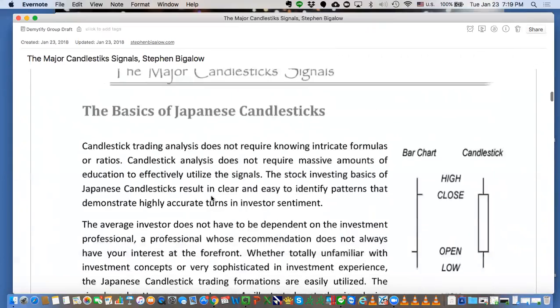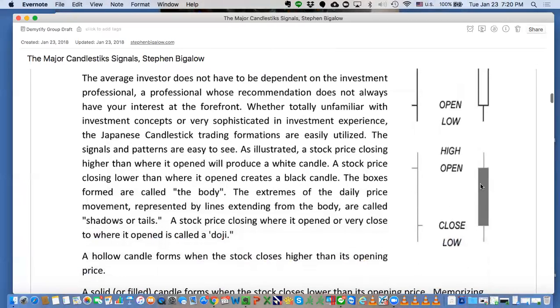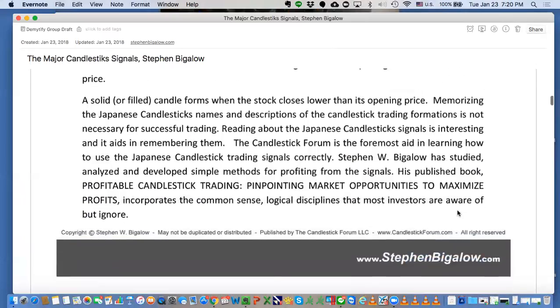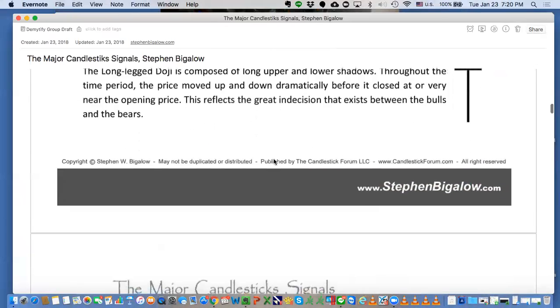Okay, here is what I just explained to you. This is open, close, and here is high and low. Now we're talking about doji, which I just explained to you.